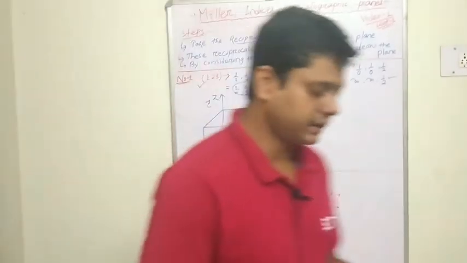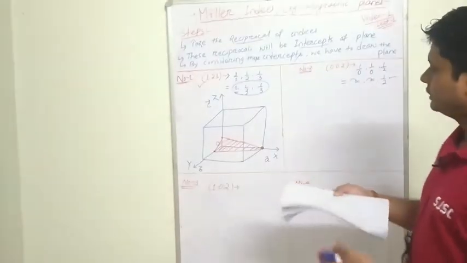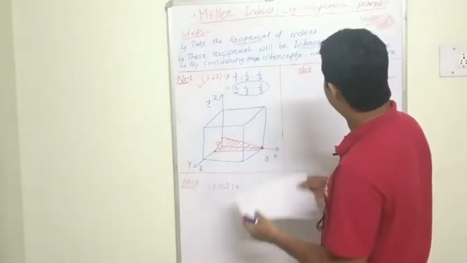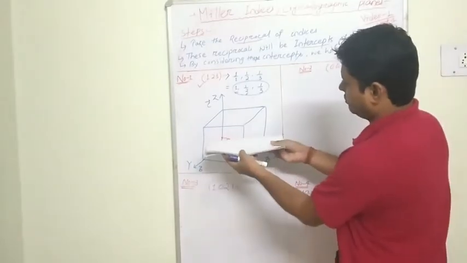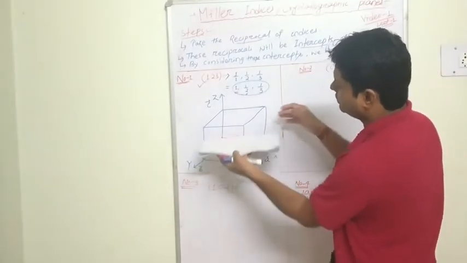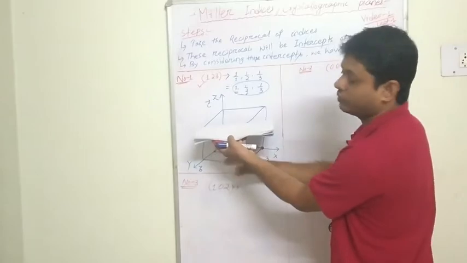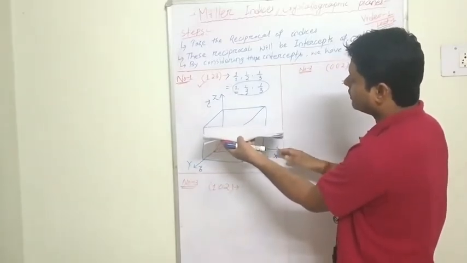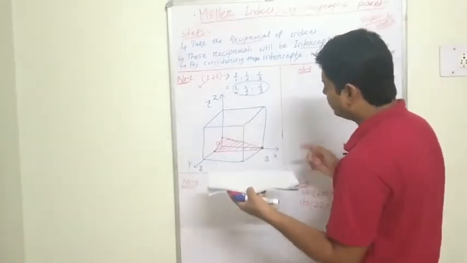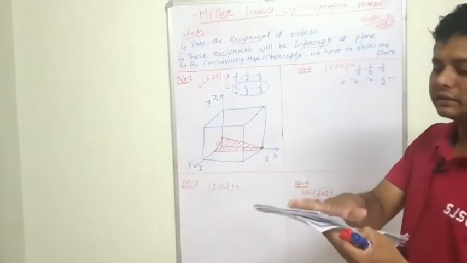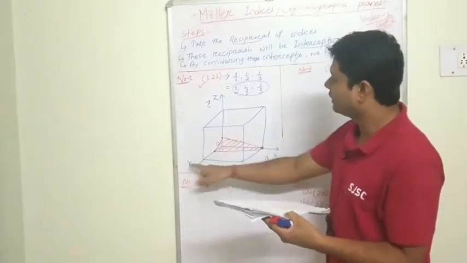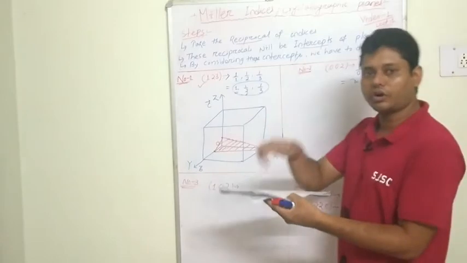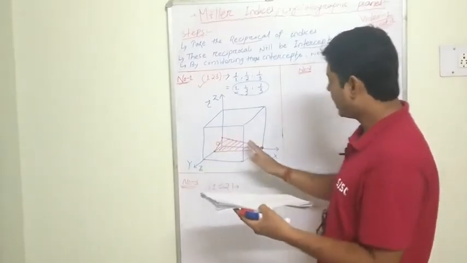Suppose this is the plane and these are the x and y-axis. Wherever we draw the plane in this cube, it has to be parallel with both the x and y-axis, because the intercepts of this plane for the x and y-axis are infinite and infinite.